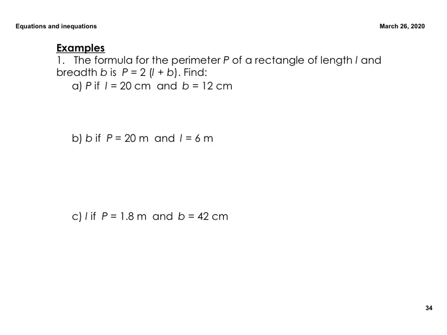Let's do it. So, part A, we're trying to find P. So P equals 2, bracket L, which is 20, so you can see L here is 20, so 20 plus B, which is 12, equals 2, bracket 32, and of course bracket means times, so that's going to be 64 centimeters.